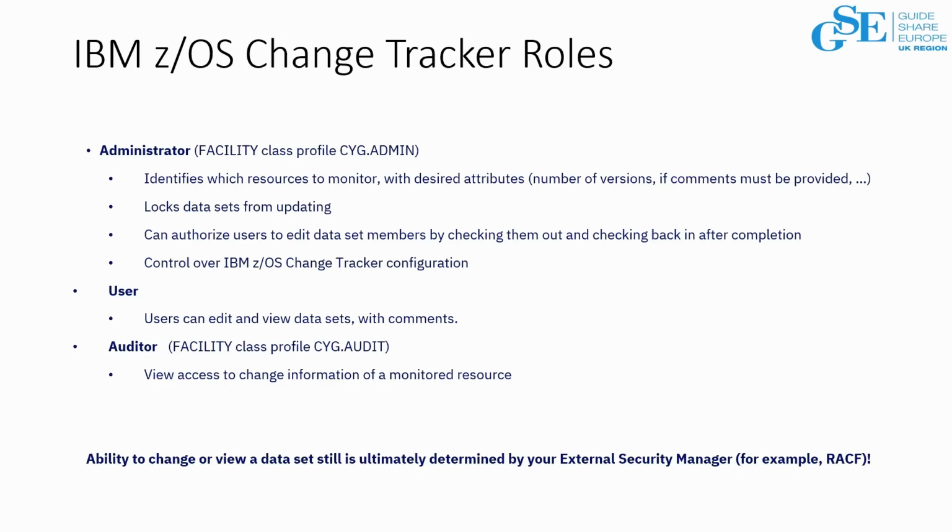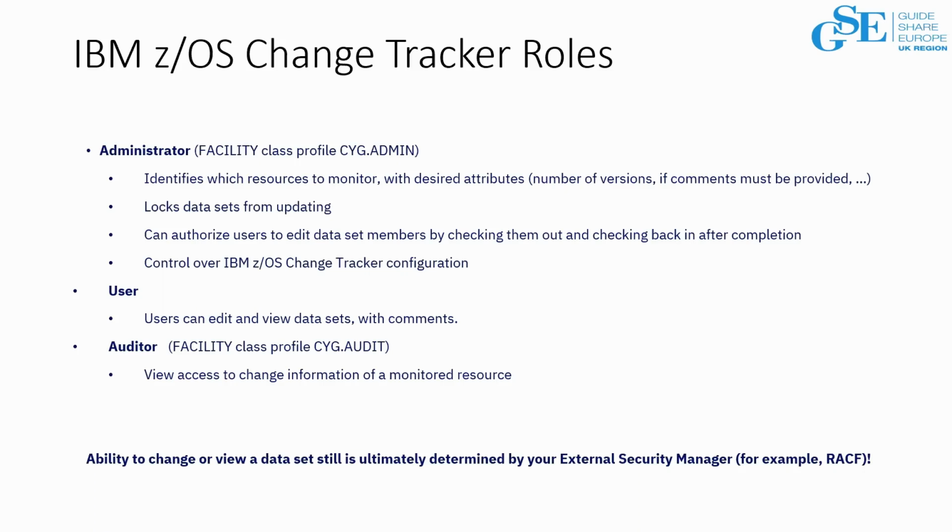Just to reiterate, whether or not someone is able to view or change a data set is ultimately determined by the external security product. So RACF, Top Secret, ACF2 ultimately control whether somebody can access a data set in the first place. This just provides a more granular capability at the member level.